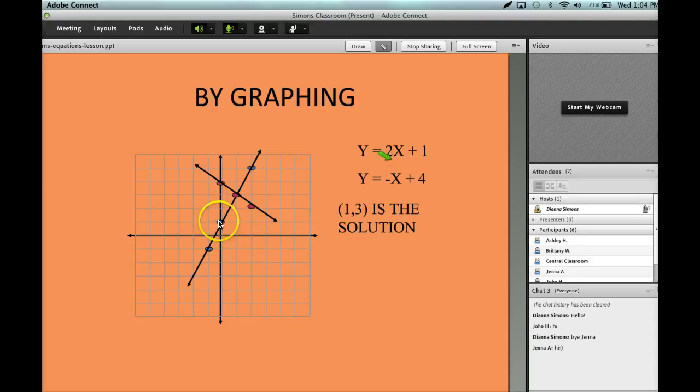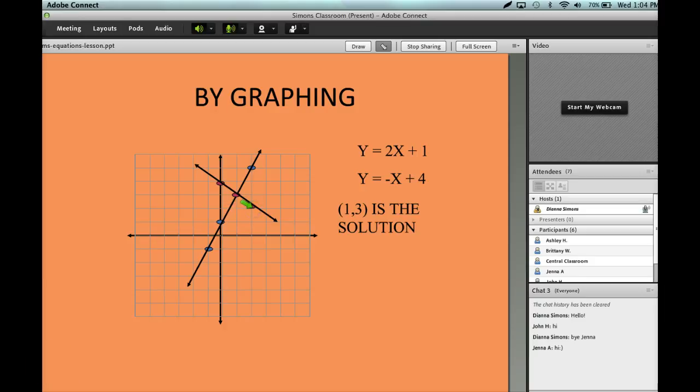So it's 2 over 1, rise over run, and that gets you your points. The second one was a negative slope, and it started up here at positive 4, then down 1, over 1, and so on.